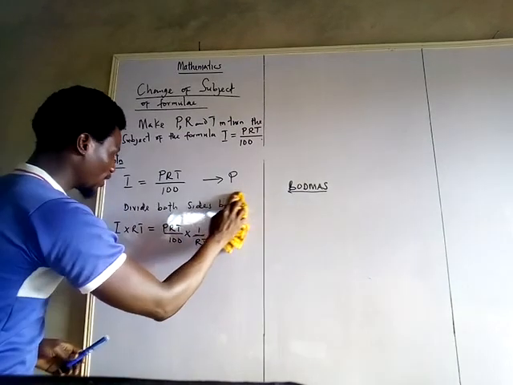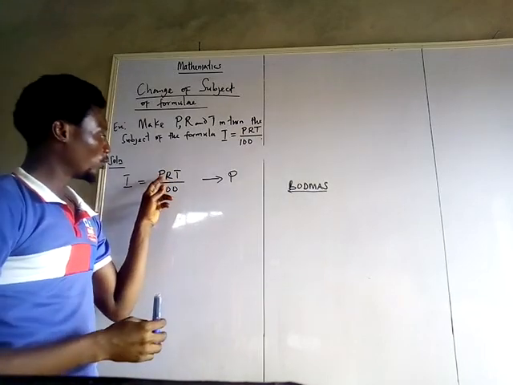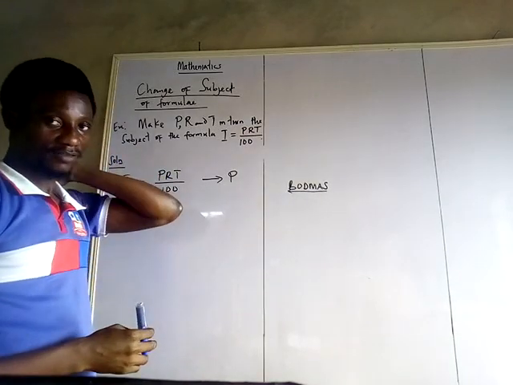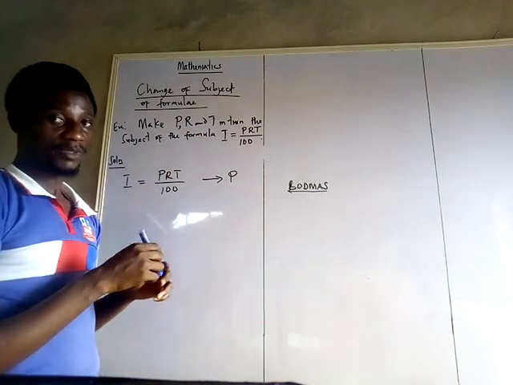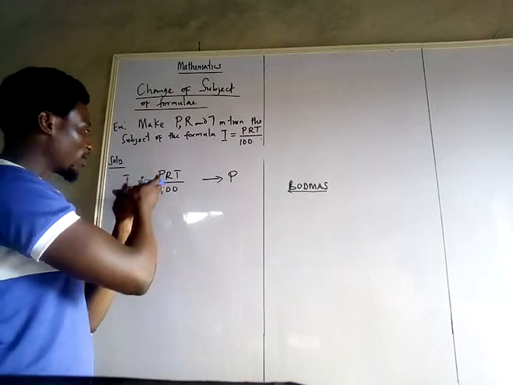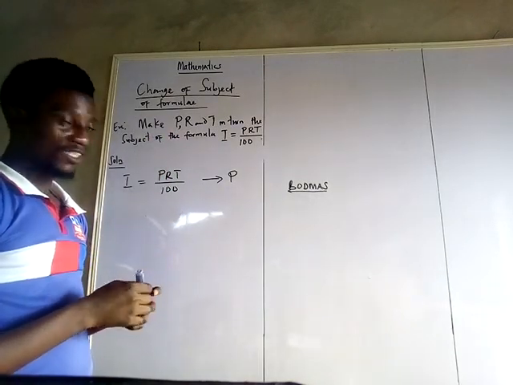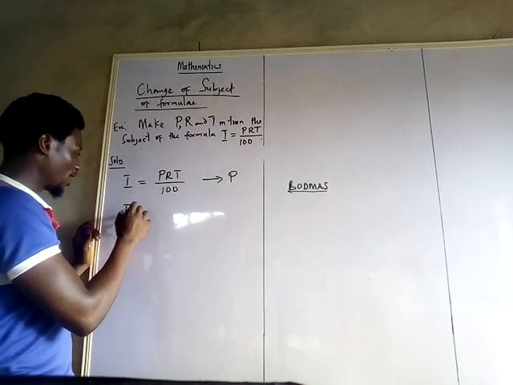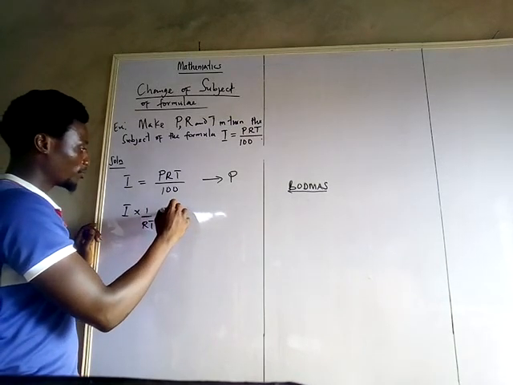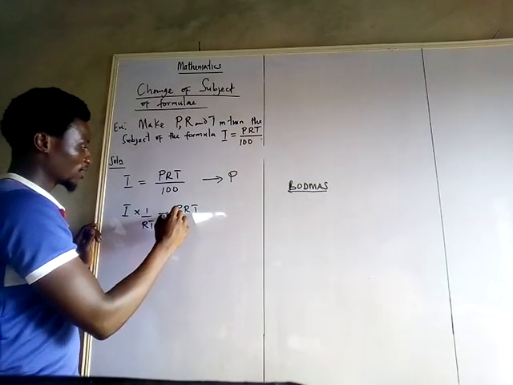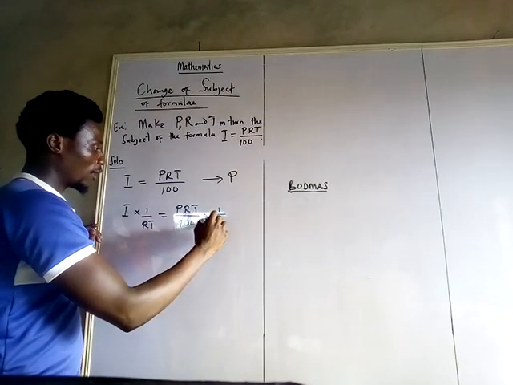Or better still, let us look at it in this way. Just as I said earlier, we want to remove R times T, which is serving as multiplication there. Then I can just say multiply both sides by 1 all over RT. Am I communicating? That is, I times 1 over RT is equal to PRT divided by 100 times 1 over RT.